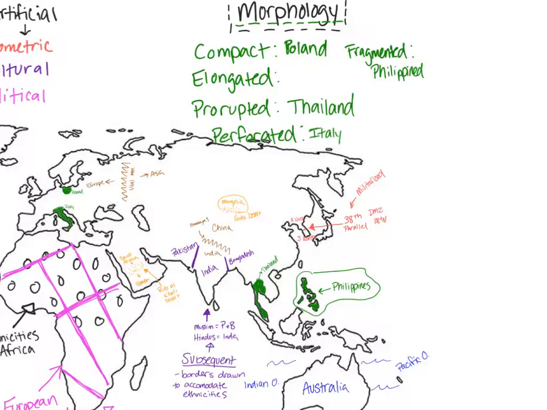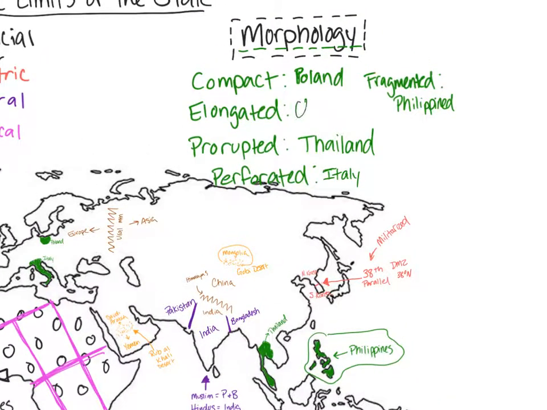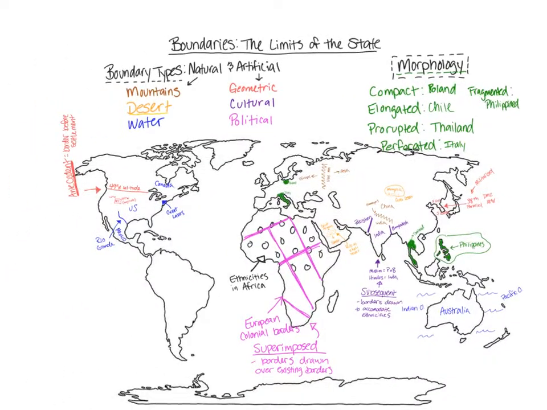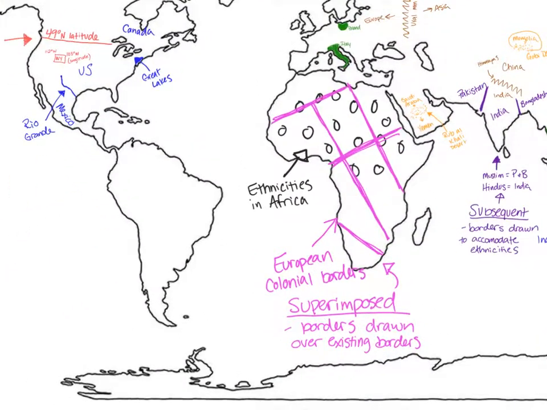And then lastly, elongated. If you think about it, elongated has the word long in it. It's something that's going to be very skinny. Okay, so a good example of this is going to be Chile in South America. Oh, I put it. That was a really good one. That's really good.